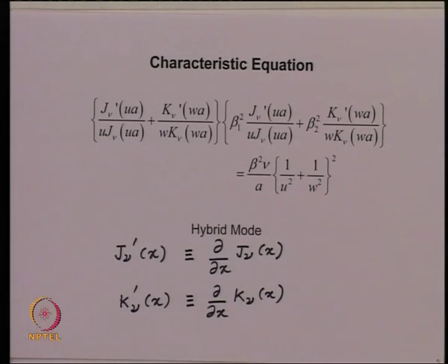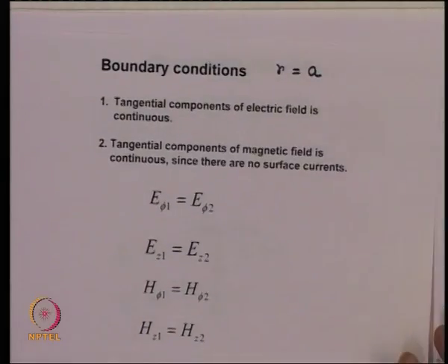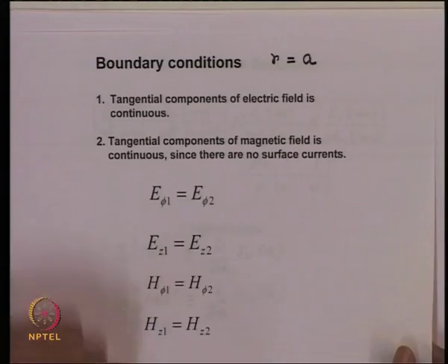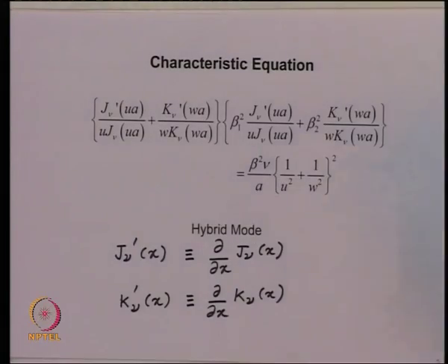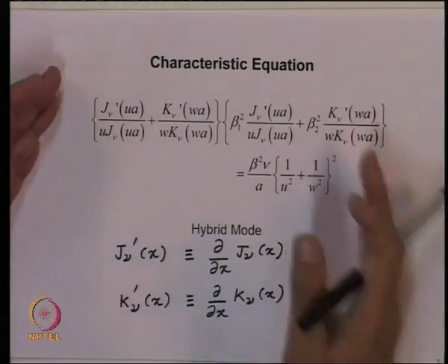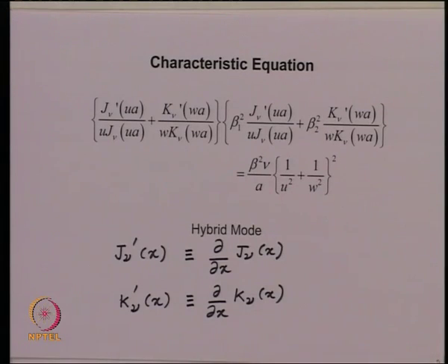Because we have taken all the 6 components, started with the 2 longitudinal components Ez and Hz, and all these 4 components which are transverse. We got a characteristic equation now which is in general true for any arbitrary field distribution with 6 components.